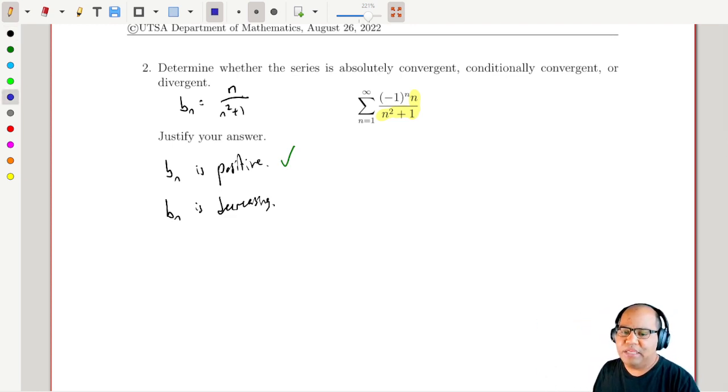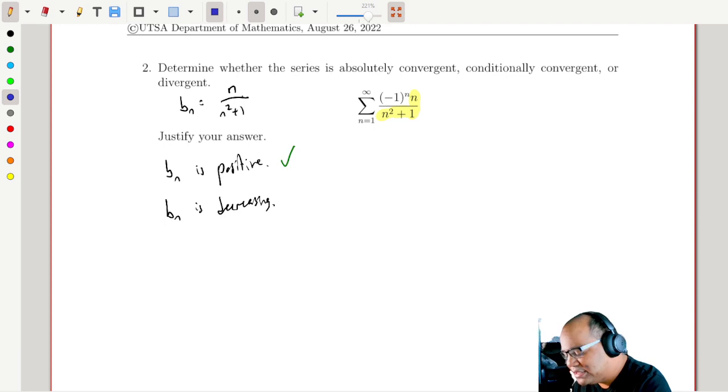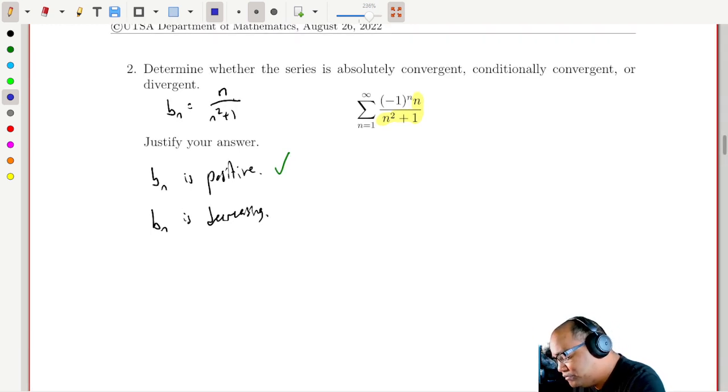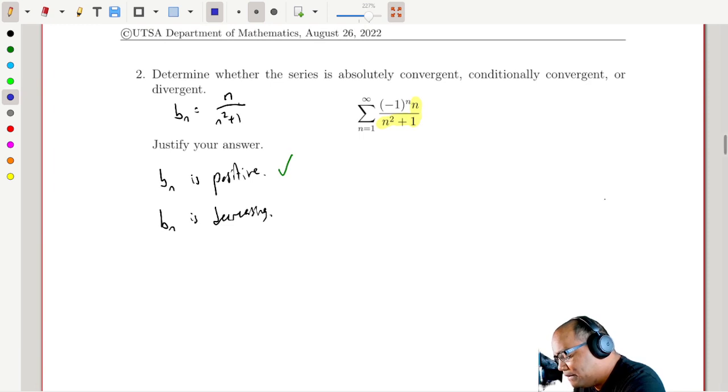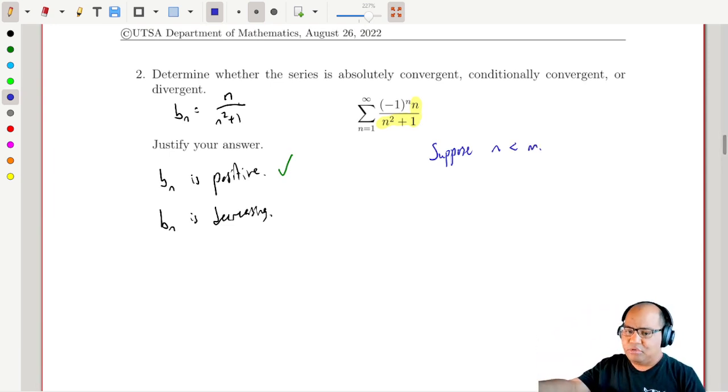Okay, we'll do that off on the side here. And I'm actually going to approach this in the following manner, okay? So we know, let's suppose, as before, n is smaller than m, okay? So I'm increasing in my index. M is further away in the sum than n.